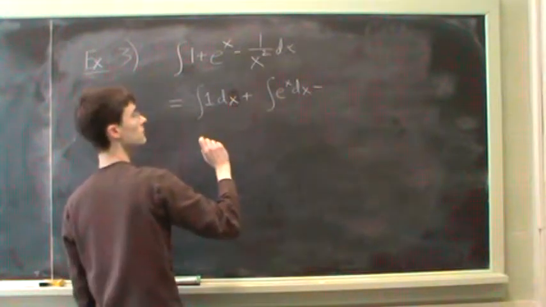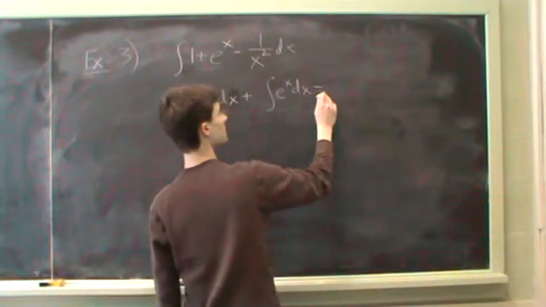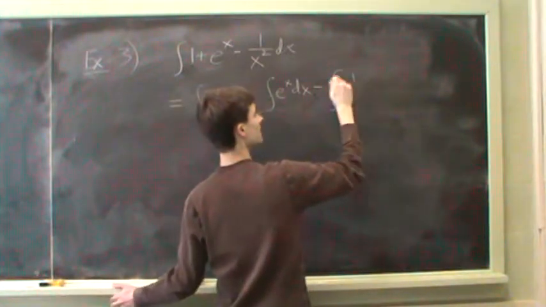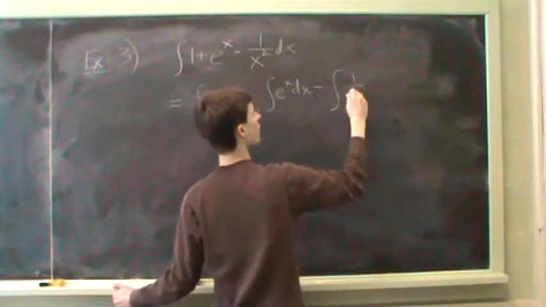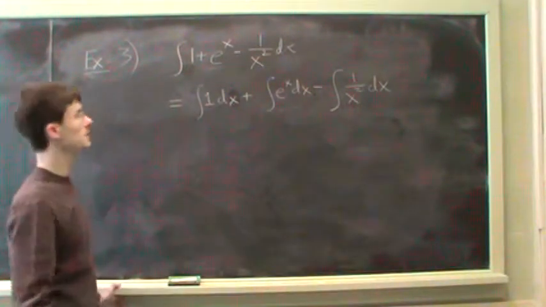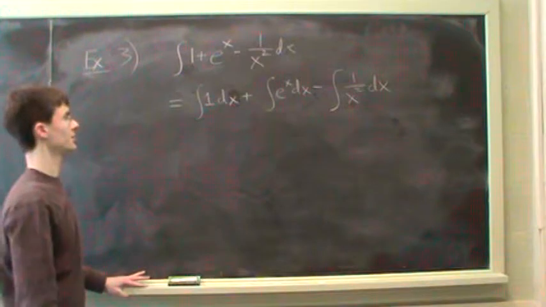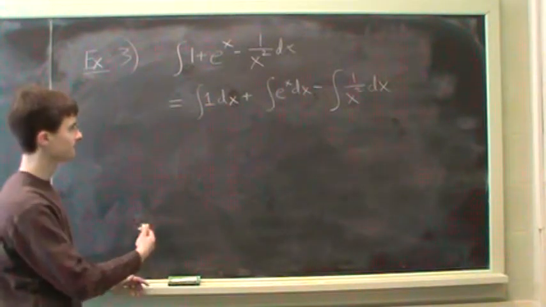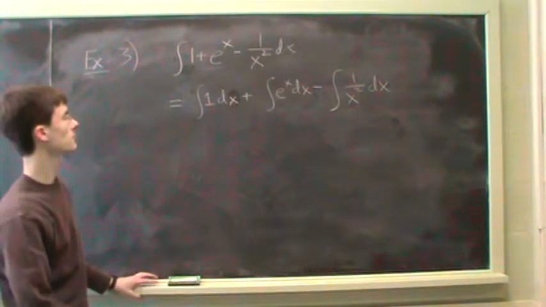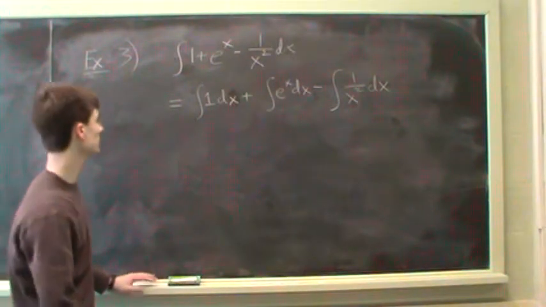And then the difference rule tells us that the last term will be minus the antiderivative of 1 over x squared dx. So it works very much like differentiation. We split our problem into the sum and difference of simpler problems. Okay.